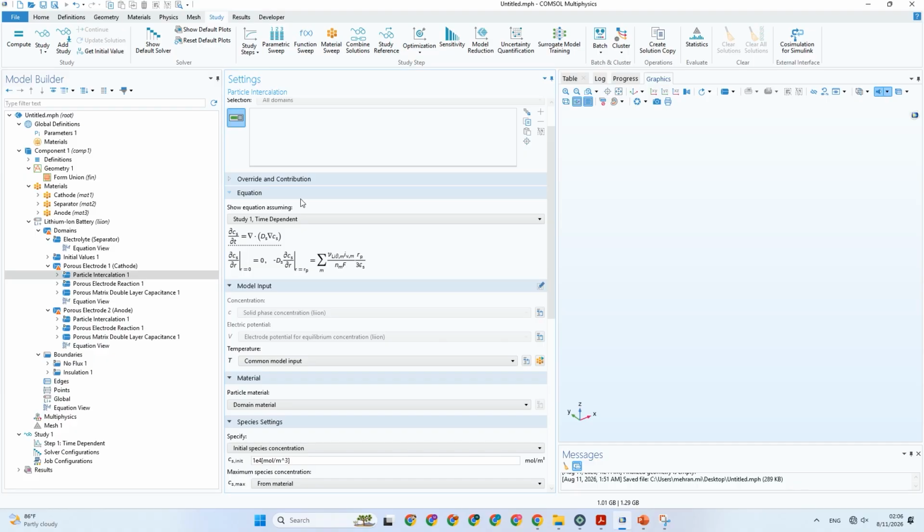We can write DS times divergence of gradient CS. It will be equal to DS, DS is the same as here, and this is del 2 of CS.